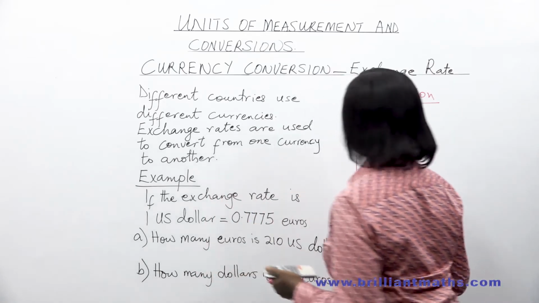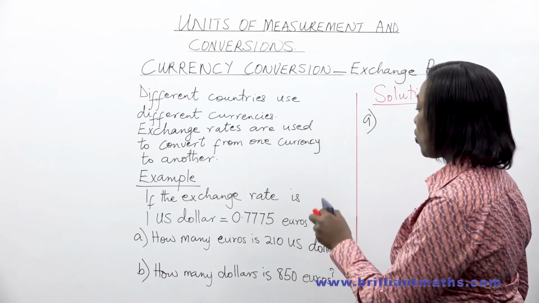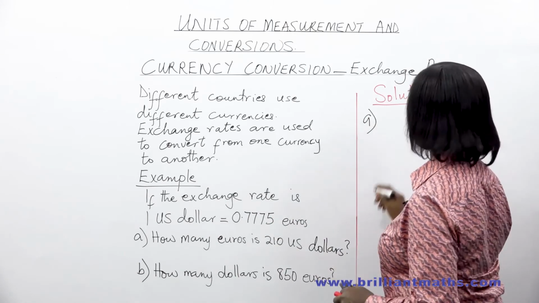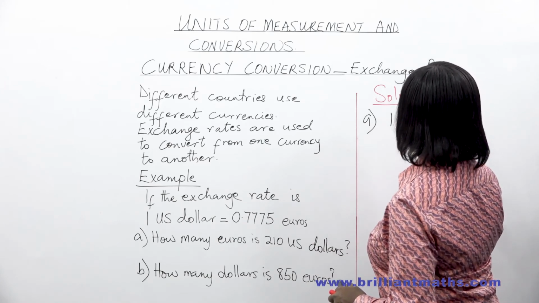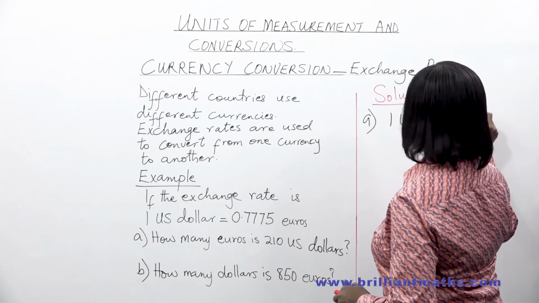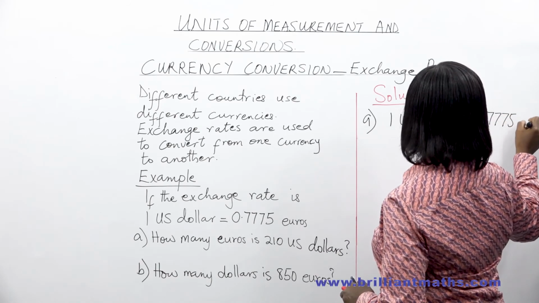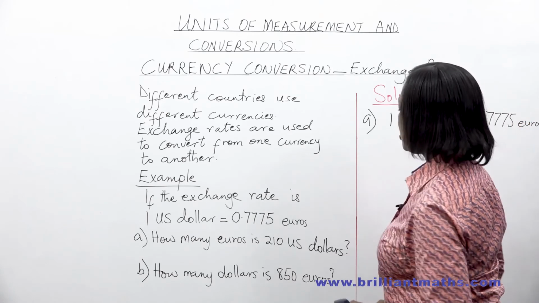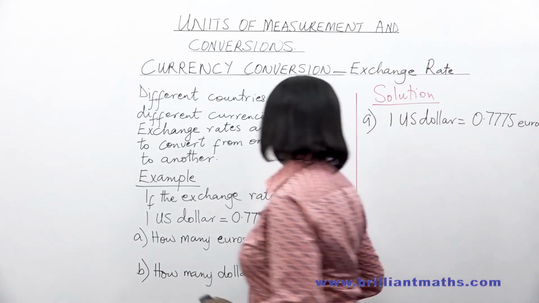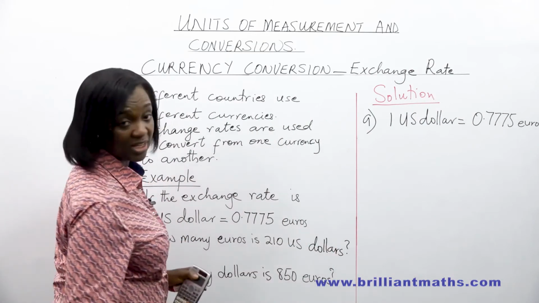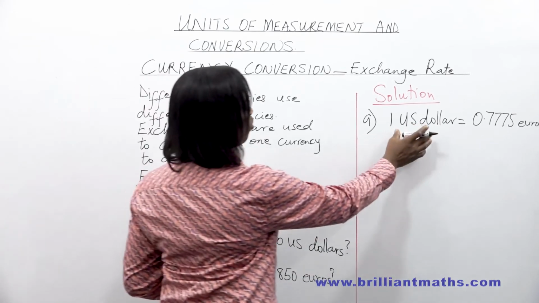So solution. For A, we know that the exchange rate is 1 US dollar equals 0.7775 euros. Therefore, if we're finding 210 US dollars, 210, this is 1.